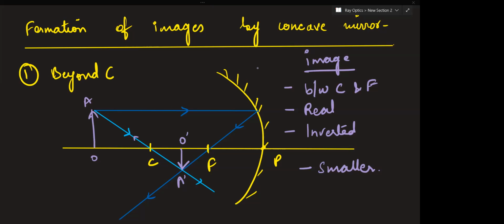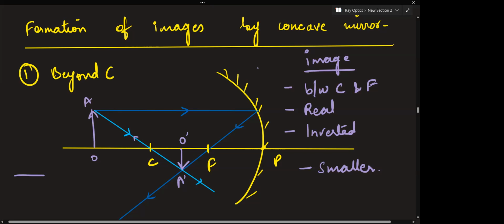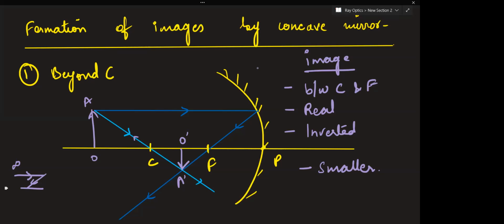At F, that's what I was saying. For F, we have discussed in the rules that rays of light that come from infinity will only pass through the focus. So if the object is at infinity, the image will be formed at the focus, and a point-size image will be obtained because exactly at the focus you are getting the image. And the reverse will happen: if the object has been kept exactly at the focus, the image will be formed at infinity.